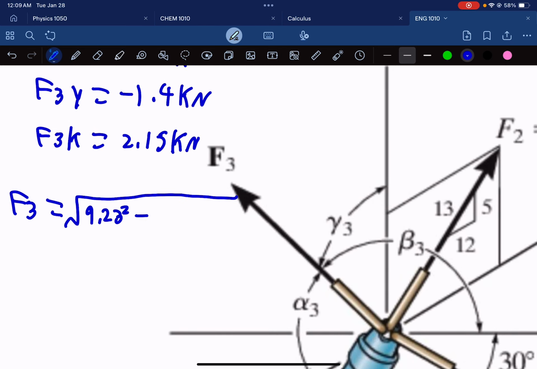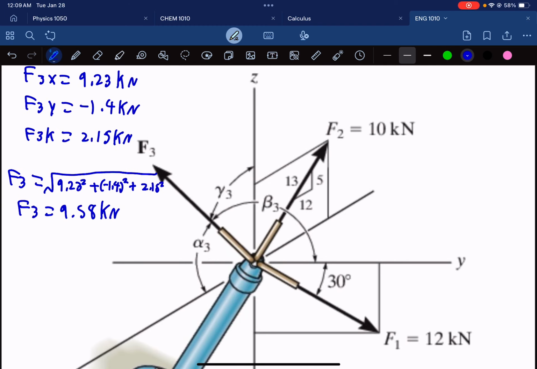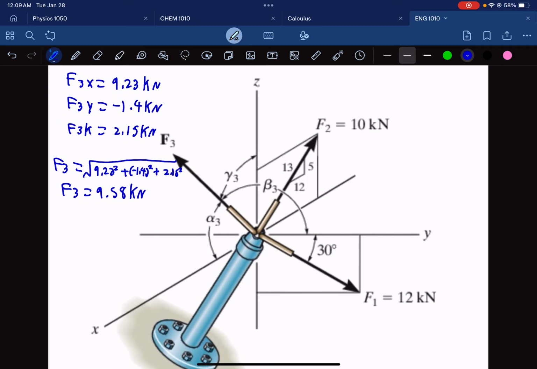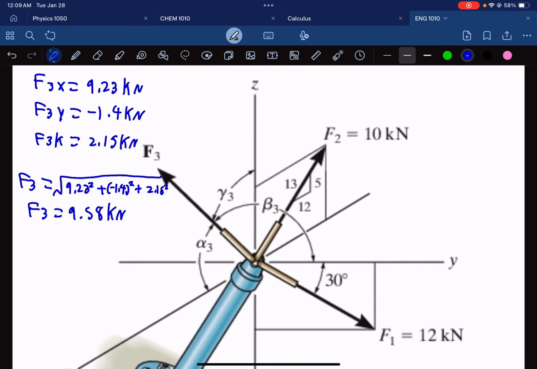9.23 squared plus negative 1.4 squared plus 2.15 squared, which means F3 is going to equal 9.58 kilonewtons. And in order to find our coordinate direction angles, we're going to use this: cos alpha equals Fx over F equals Fy over F equals Fz over F, just like that.